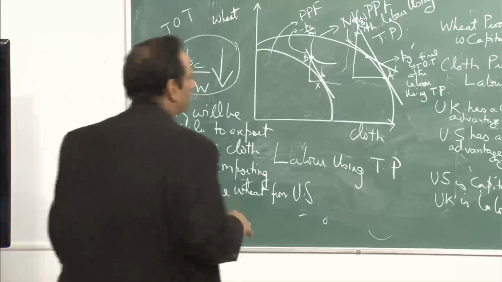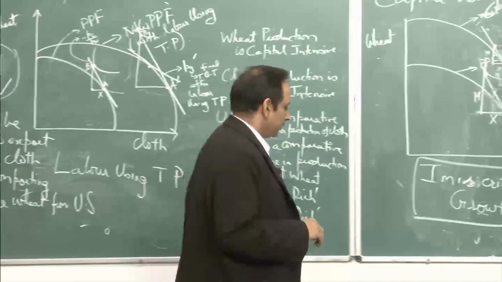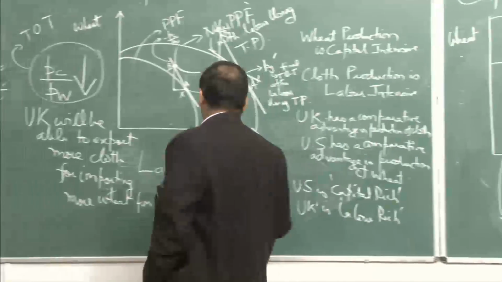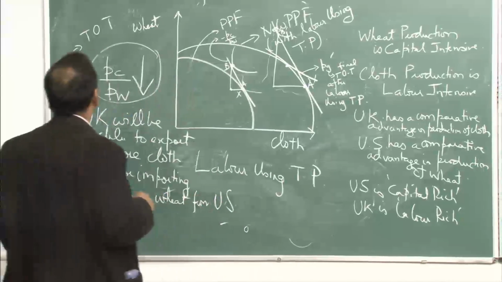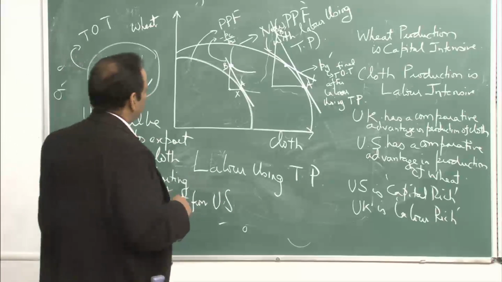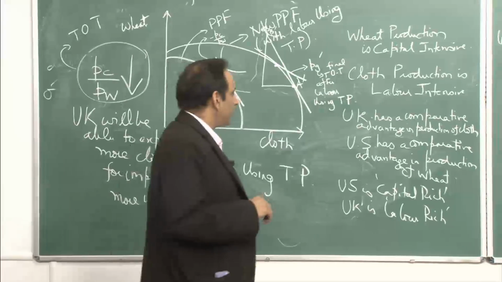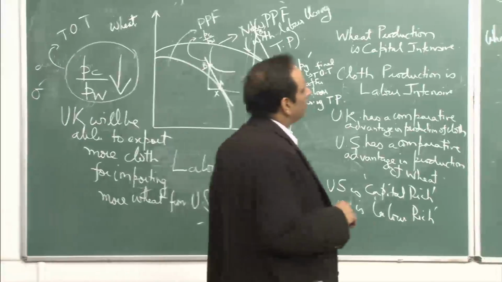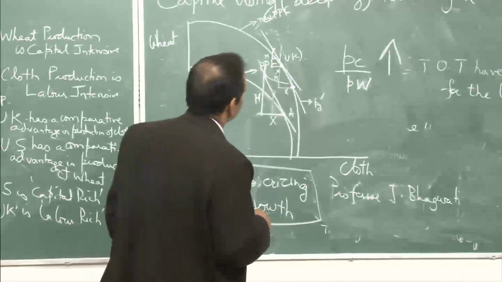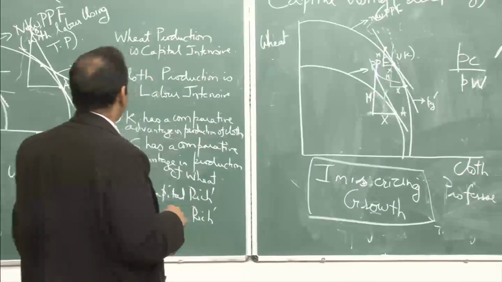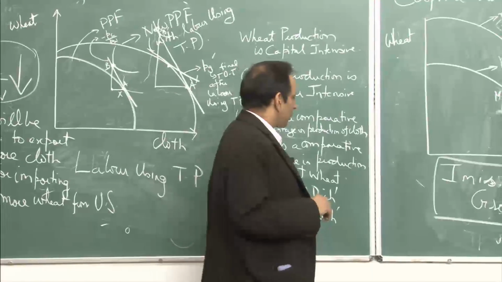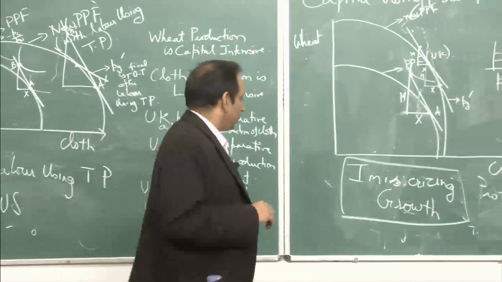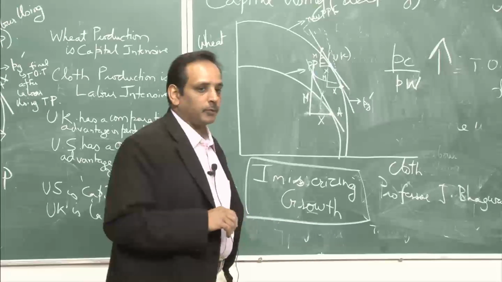And then we brought in international trade, and we saw that if the labor using technological progress takes place, then you would see a fall in the terms of trade for the country which has a comparative advantage in the production of labor intensive product, while if there is a capital using technological progress, we will see an improvement in terms of trade for the country which has a comparative advantage in the production of labor intensive product and a comparative disadvantage in the production of the capital intensive product.